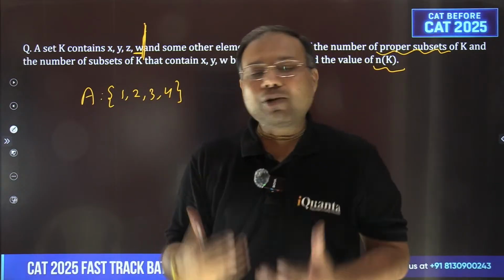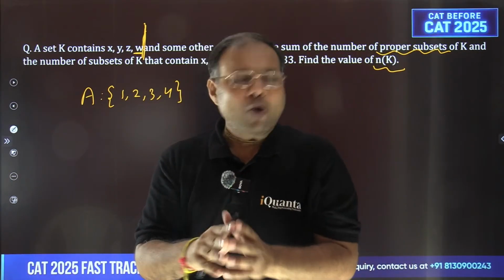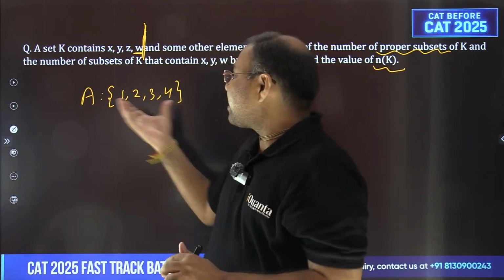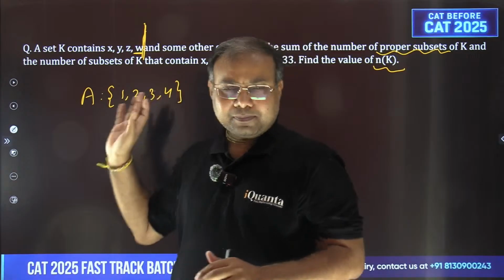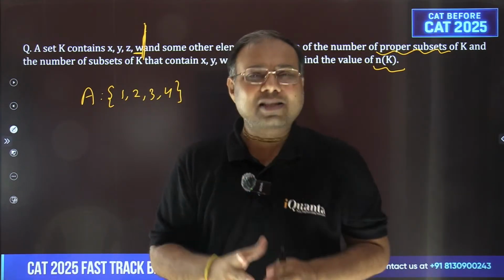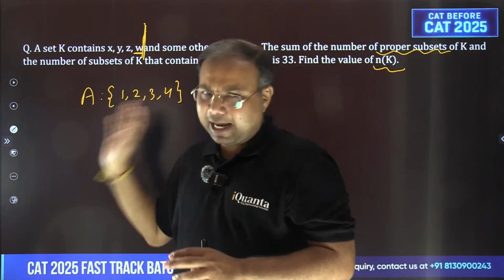So now what is the meaning of subset? Subset means a smaller set or another set which is entirely contained in this set A. I repeat, a subset is a set which is entirely contained in this set A. Fine.